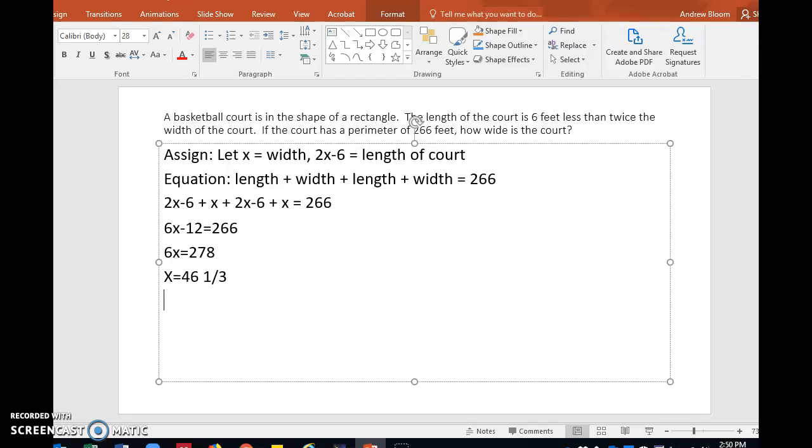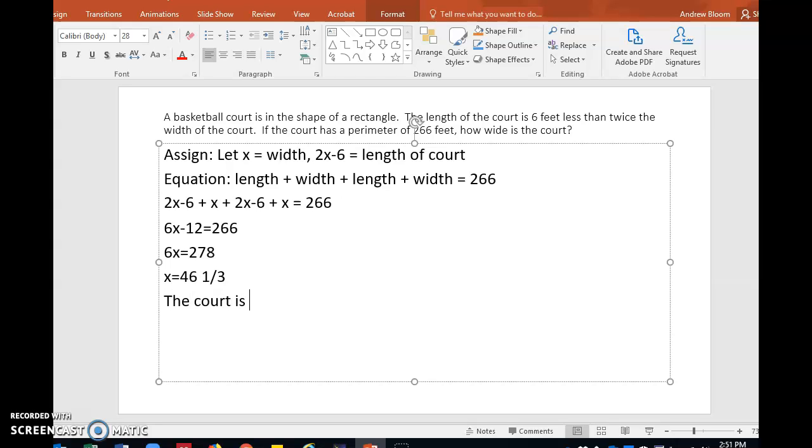Be careful. You can't just assign a decimal value to it unless the decimal and the fraction are exactly the same value. So in this case, 46.333333, which is the number that your calculator is going to give you, is different from 46 1/3. And so we just have to be careful to make sure that we're getting the number that we want to get.